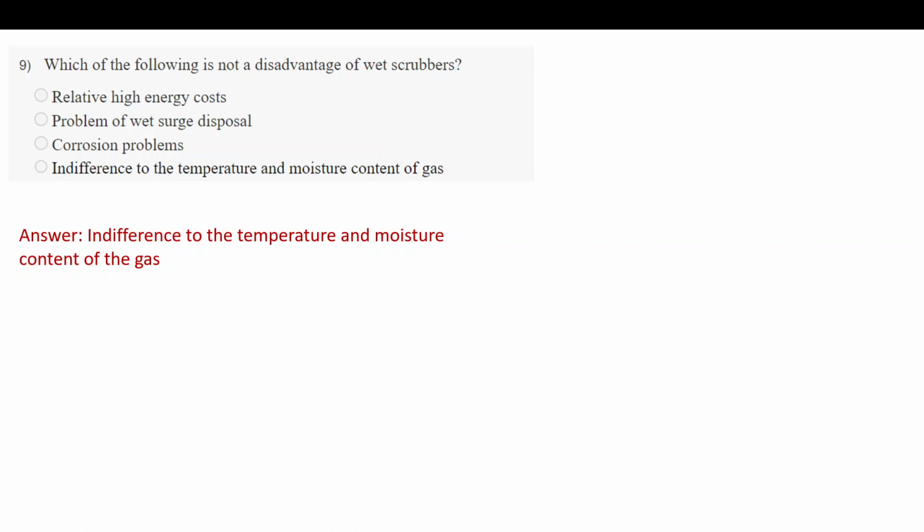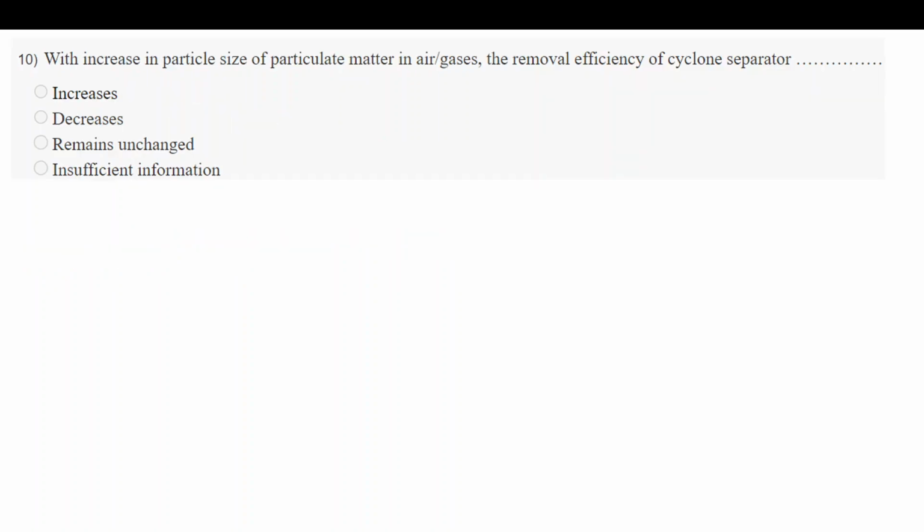While there are chances that corrosion might happen, or the generation of sludge after passing water and particulates get absorbed. So in that case, the disposal of sludge, these all are the disadvantages of the wet scrubbers.